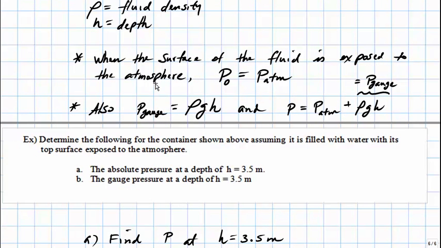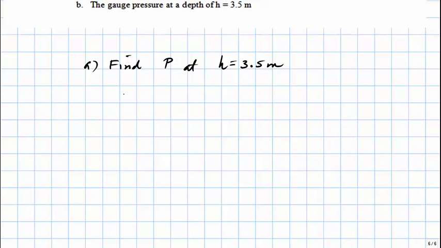Since the top is exposed to the atmosphere, we can apply this equation. P equals P atmospheric plus rho g H. Of course, atmospheric pressure equals 1.013 times 10 to the 5th.